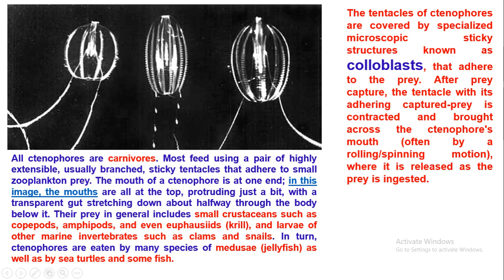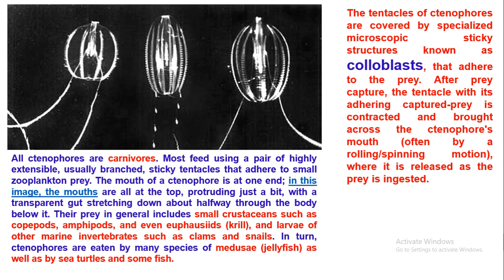And this is a very good image of different types of ctenophores, where you can see the mouth is located at the top or the tip, right? The comb plates are very obvious, the cilia are very obvious, and the mouth has highly branched, sticky tentacles, which allow the zooplanktonic or the small animal prey to stick on.